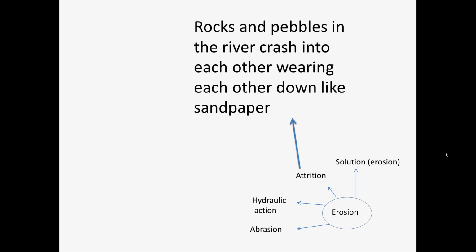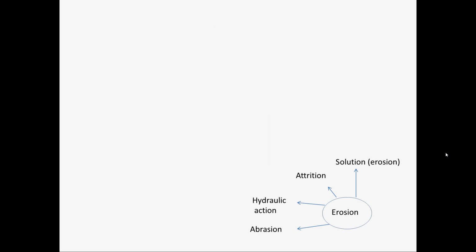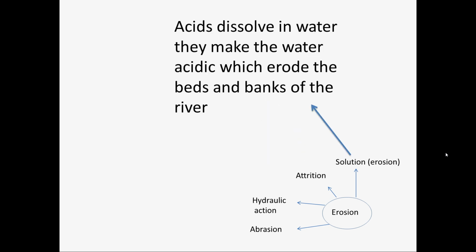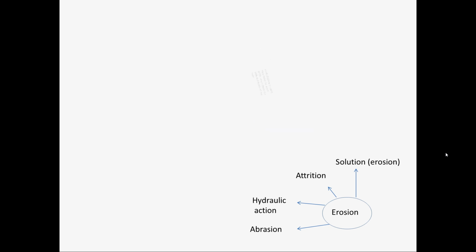Attrition is when the rocks and pebbles in the river crash into each other, wearing each other down like sandpaper. And last but not least, solution erosion, which is when acids dissolve in the water and make the water acidic, which erodes the beds and the banks of the rivers. So, it's erosion done. See how many you got right for that.